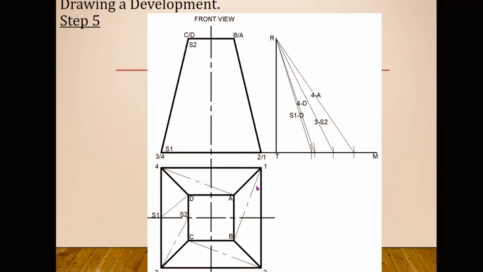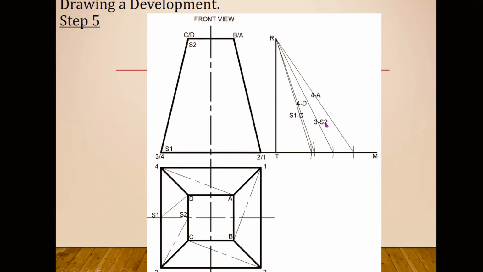And again, there's no need for us to develop or produce a true length for these lines, because this is a square. If you have produced the true length of this line, you know that this line will be equal to that line, equal to that line. So there's no need to duplicate, because if you take this measurement, it will sit here.